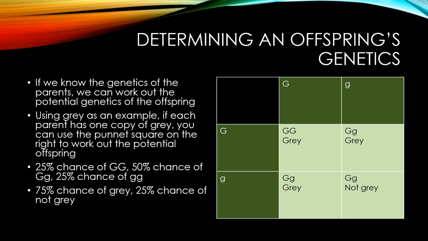From our Punnett square, we can work out that the genotype has a 25% chance of 2 copies of grey, 50% chance of 1 copy of grey, and 25% chance of no copies of grey. Now for the phenotype, we can see that there's a 75% chance that the foal will be grey, and a 25% chance that the foal will be not grey.